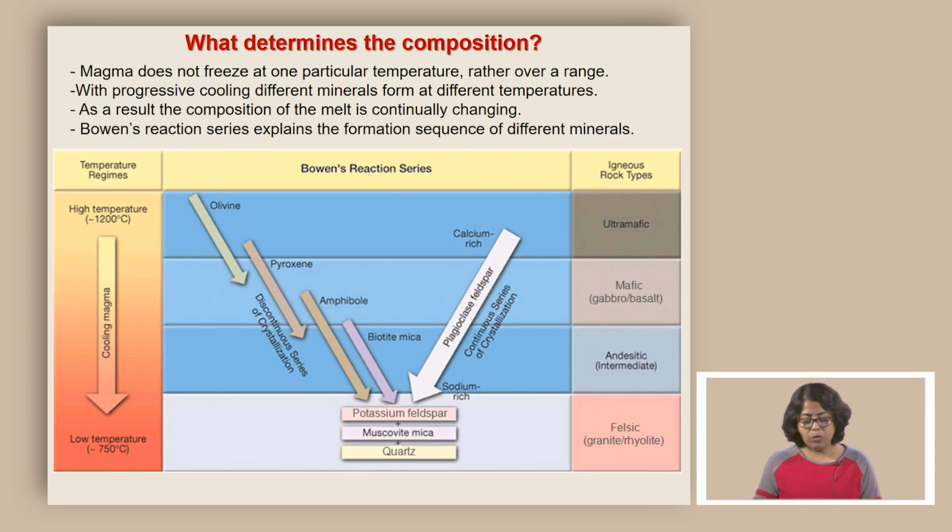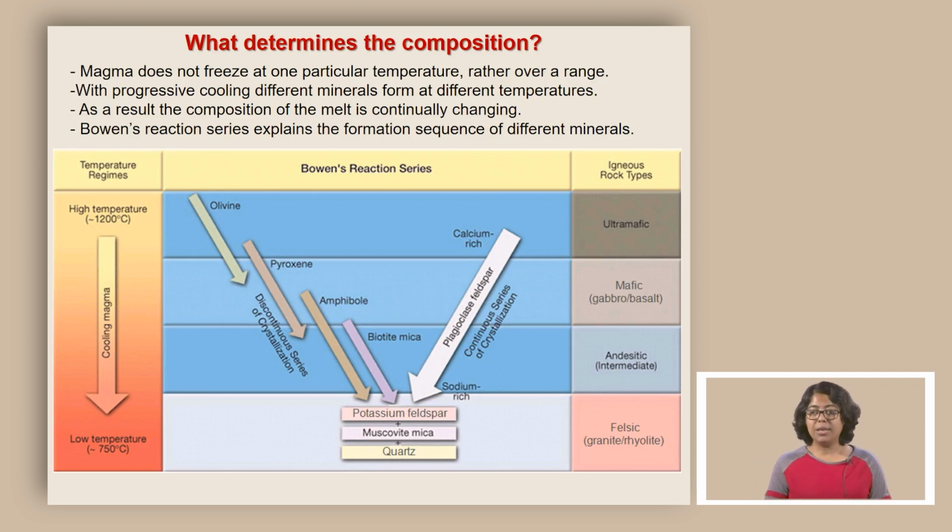Now, a couple of important points. This immediately tells us what minerals to expect at which kind of temperature setting. If the magma is cooling at a very deep level and has solidified at that depth, then we are going to find rocks which are predominantly olivine based.